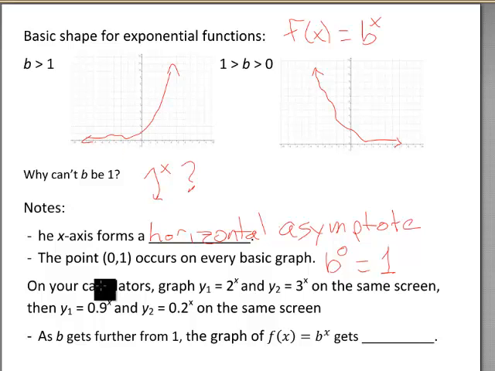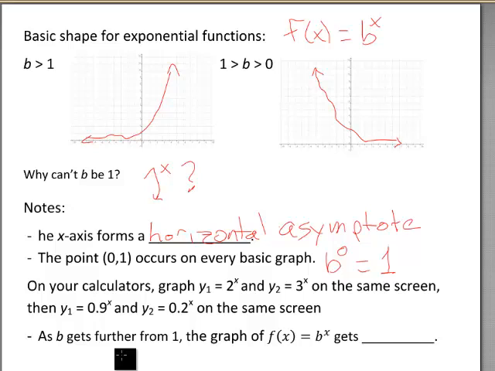Okay, so here's another thing for you to check yourself. On your calculators, graph y1 equals 2 to the x and y2 equals 3 to the x on the same screen. And then circle which one you think is steeper by looking at both of them. Do the same thing with these once you've decided on that. Then what I want you to do is decide for yourself as b gets further away from 1, so as the base gets further away from 1, so notice 2 is closer to 1 than 3, 0.9 is closer to 1 than 0.2.